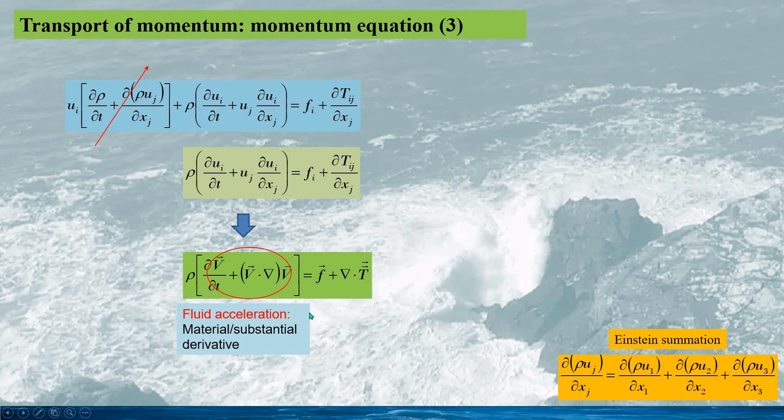The difference for incompressible and compressible flow is whether the density here is a constant or not. For incompressible flow, the density is a constant. And for compressible flow, the density is not a constant. It would be a function of the spatial variables x, y, and z, or the time t.